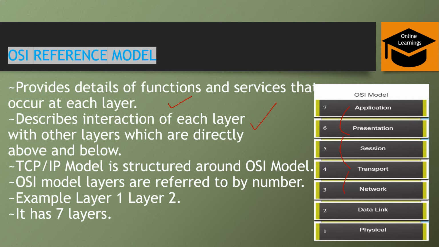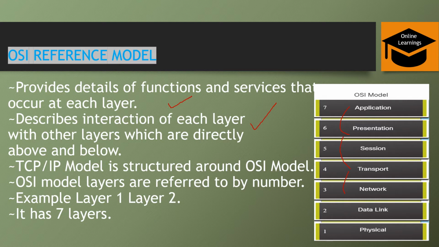Initially, the very first model was the OSI reference model, and then the TCP/IP model came, which is structured around the OSI model. So they are almost the same, but there are some comparisons which we will make in the coming slides.